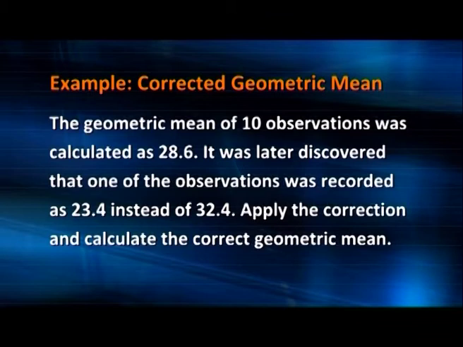The geometric mean of 10 observations was calculated as 28.6. It was later discovered that one of the observations was recorded as 23.4 instead of 32.4. We have to apply the correction and recalculate the correct geometric mean.